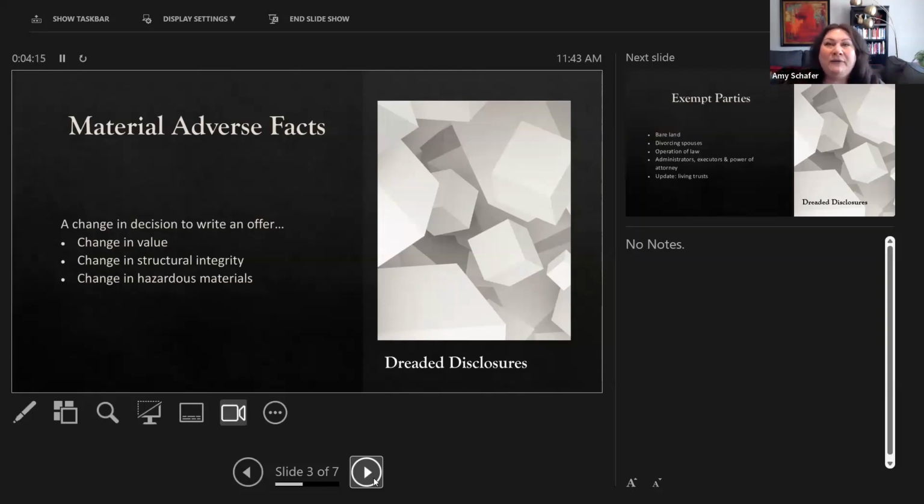That's not what a material adverse fact is. If there's a crack in the basement foundation and it's exposed and we can all see it on a visual inspection, that's not what we're looking to put on the disclosure as a material adverse fact. These are literally things that we would not know about with our eyeballs or with a home inspector. We would need to rely on the seller properly disclosing it.